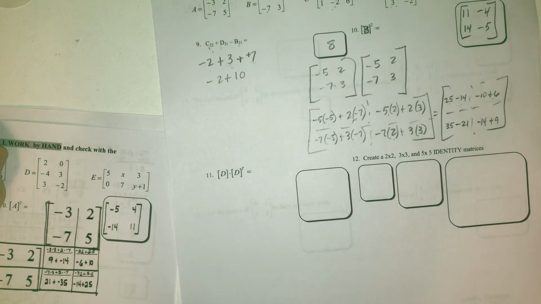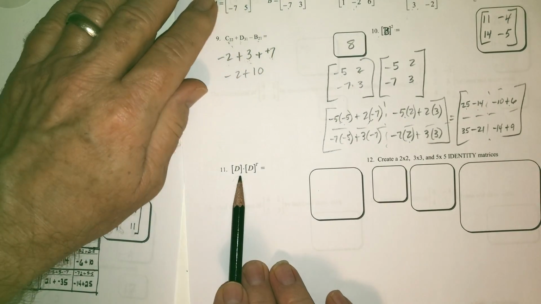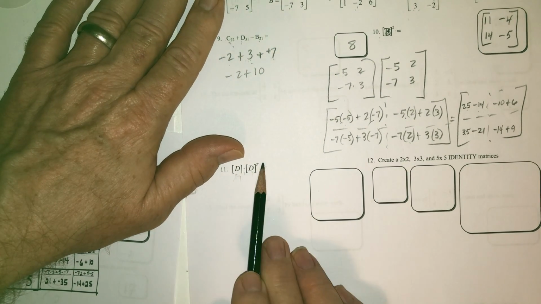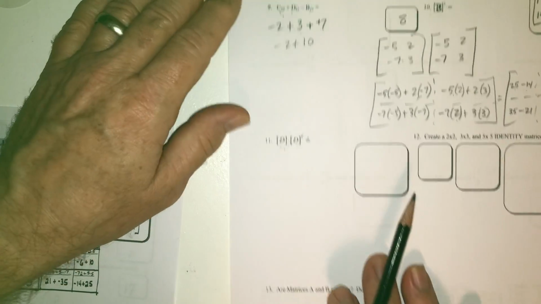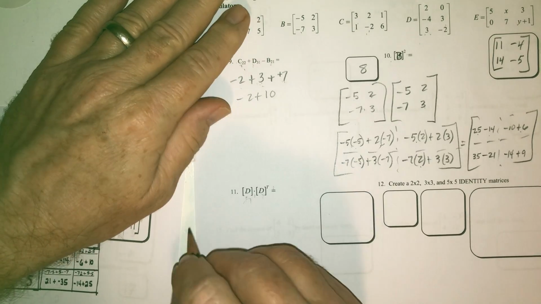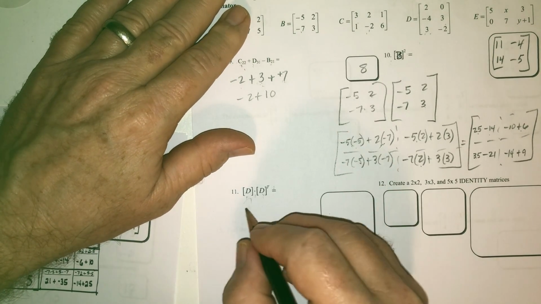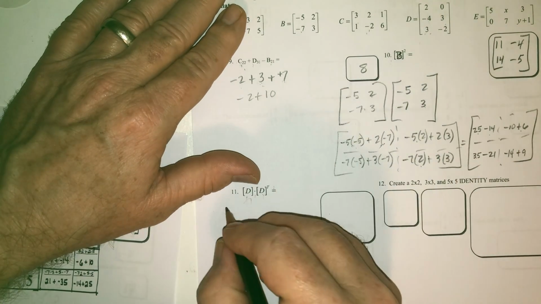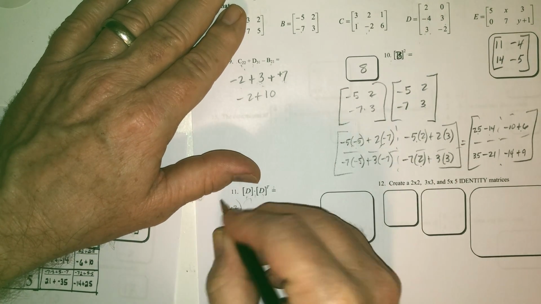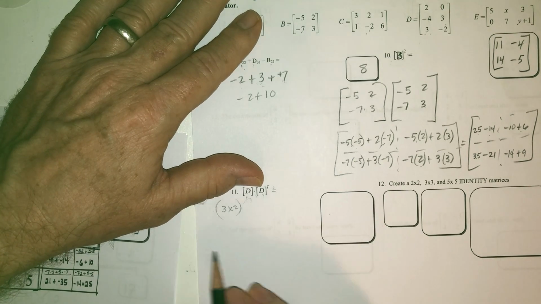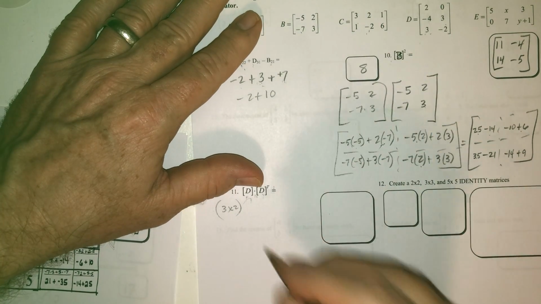All right. Now, the next one down here says to do D times D transposed. First of all, I'm going to see if this is possible. D is a 3 by 2. D transpose would be a 2 by 3 because you're going to switch the number of rows and the number of columns.